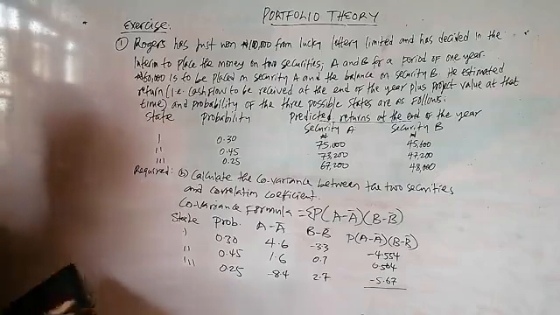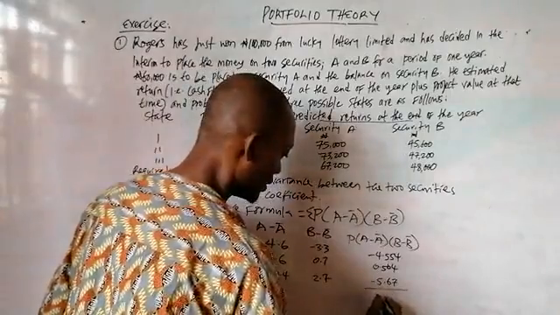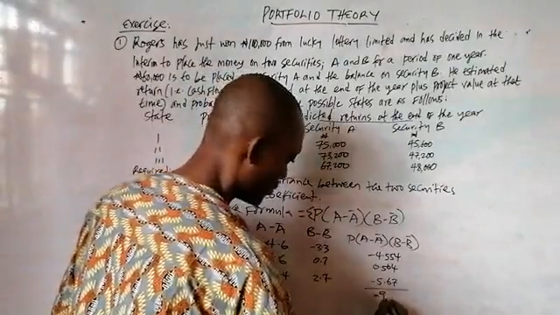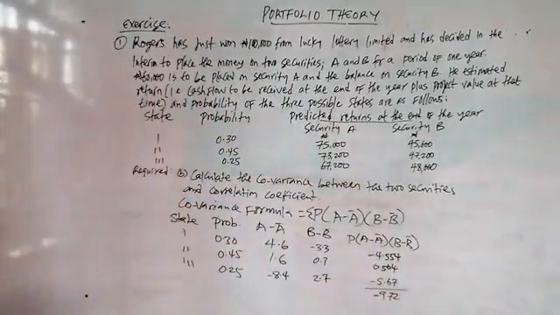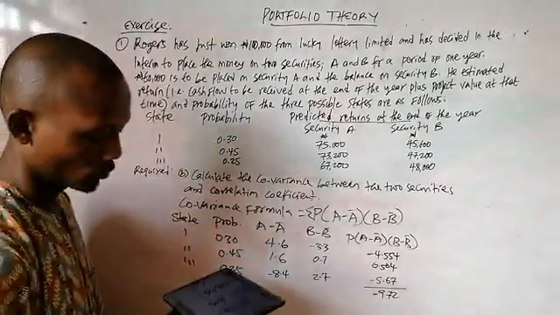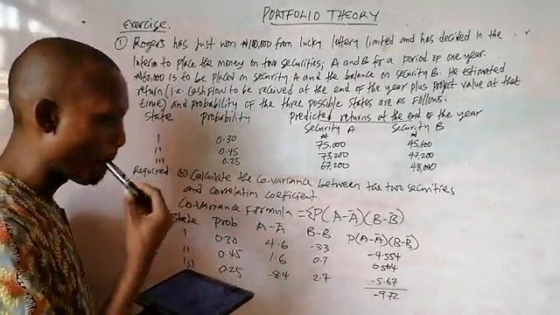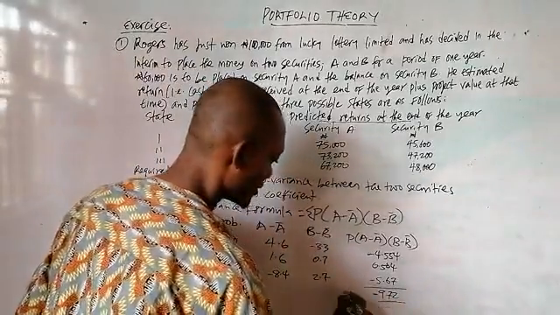So we have minus 9.72. Yes, when you sum it up, we have that figure. So that is our covariance.